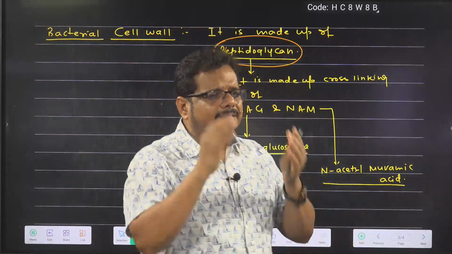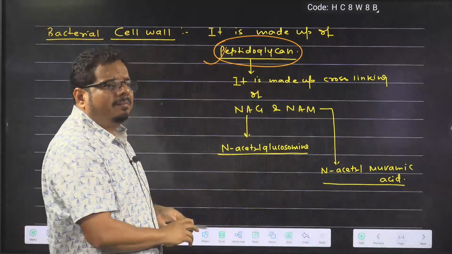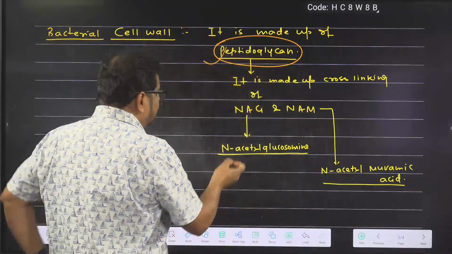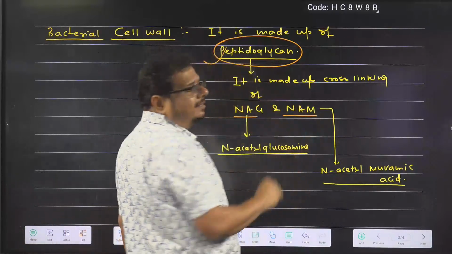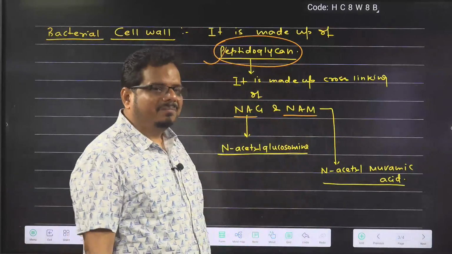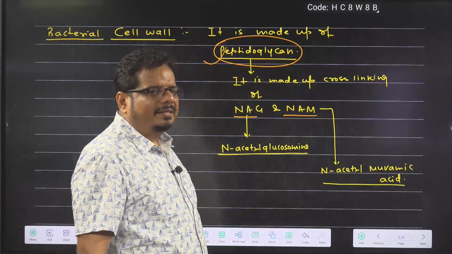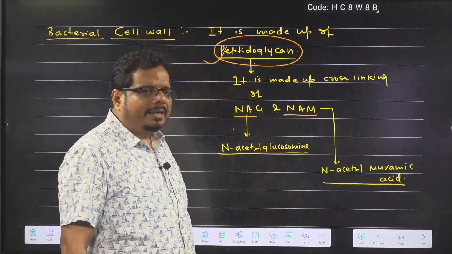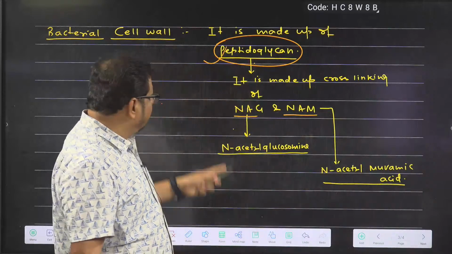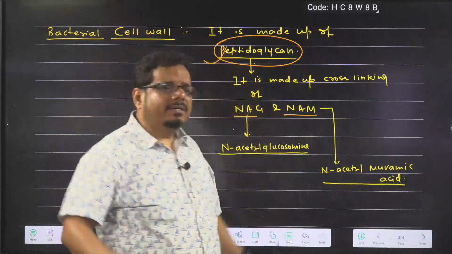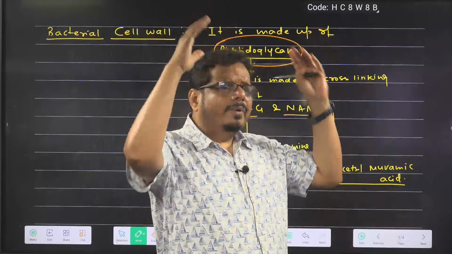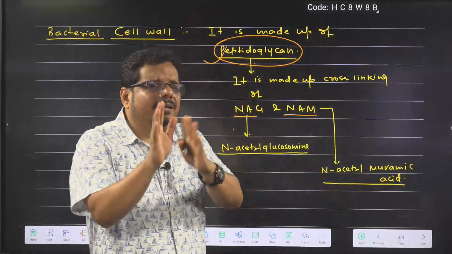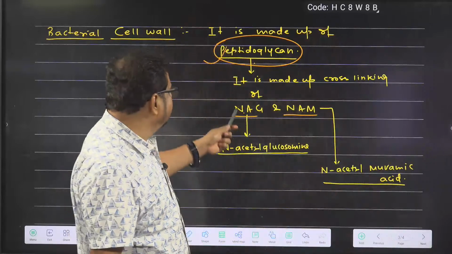Your cup of tea is simply to keep in mind that bacterial cell wall is made up of peptidoglycan. And even this NAG and NAM is not written in NCERT. I said one line extra. Got the idea? That peptidoglycan is made up of NAG and NAM. This line is not written in NCERT. Earlier, in old times, it was there. So in old PYQs, you will find some questions based on NAG and NAM. But in the last 10 years, no one asked a question from NAG, NAM.